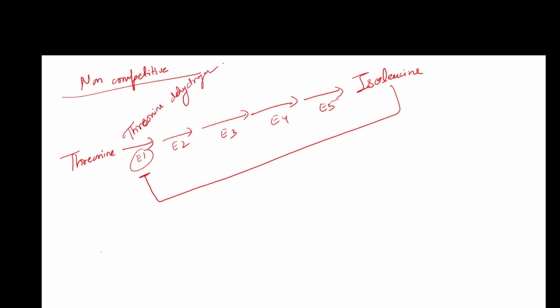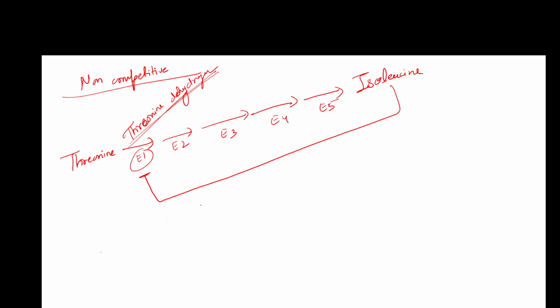It is a feedback inhibition. It binds to the allosteric site. So isoleucine binds to the allosteric site of threonine dehydrogenase and doesn't allow threonine to bind to it, because it is causing conformational changes.